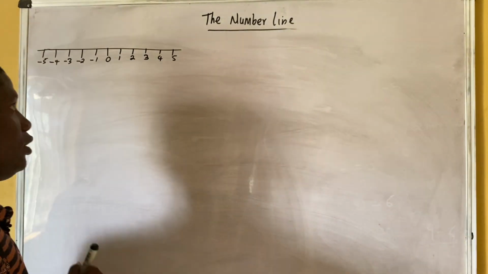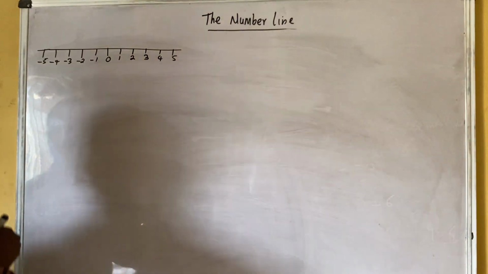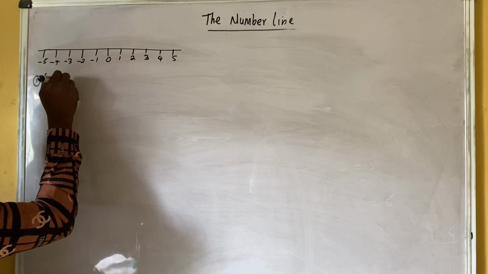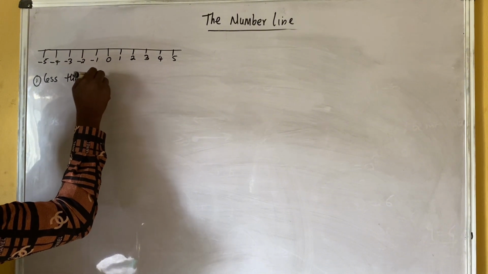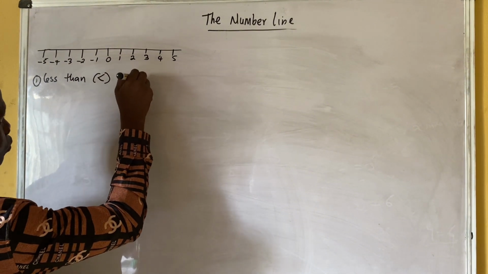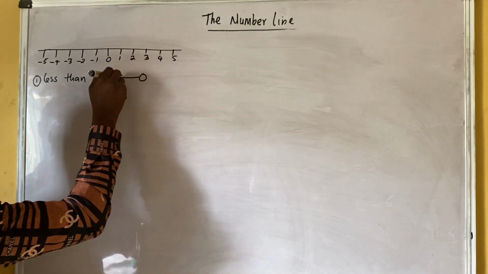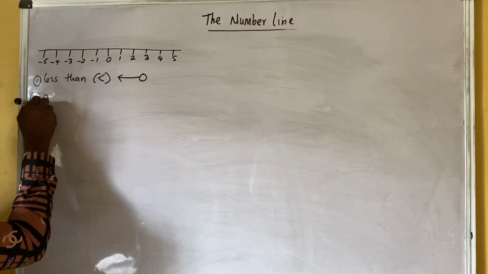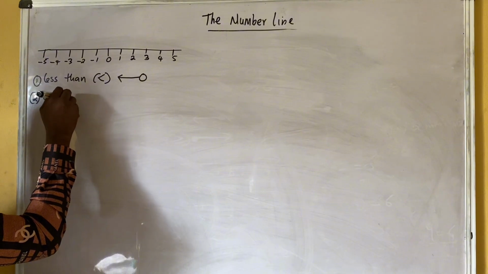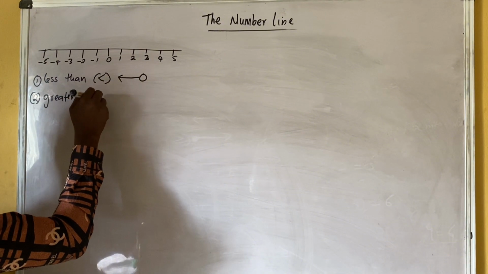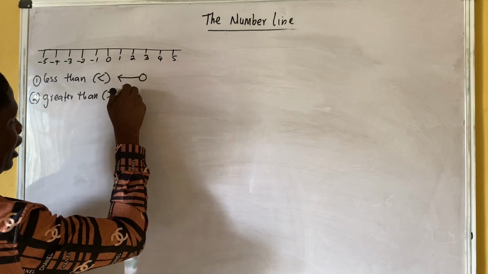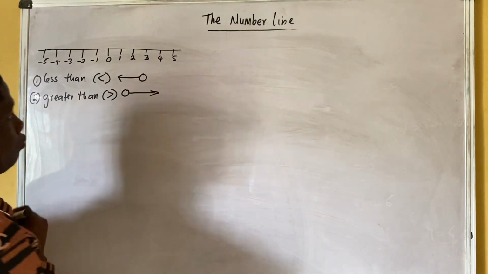The first one is when you have less than, we use a circle pointing backward. And the second one is when you have greater than, we make use of a circle with an arrow pointing forward.